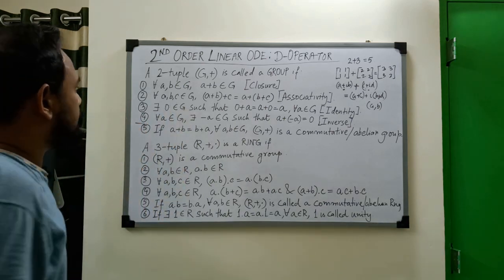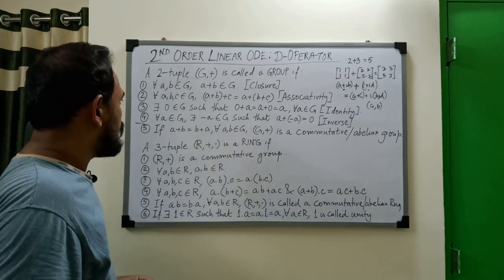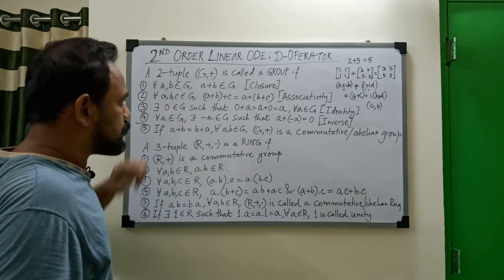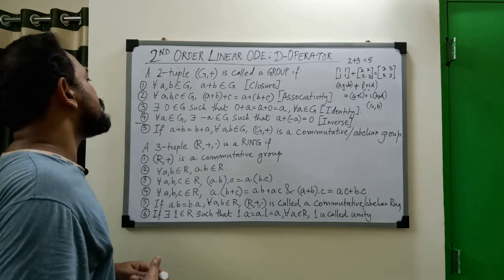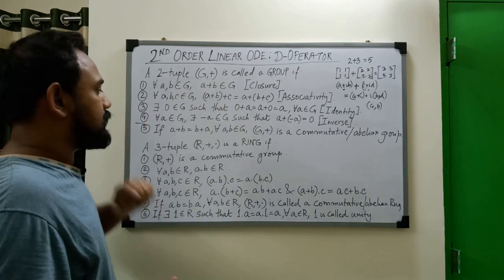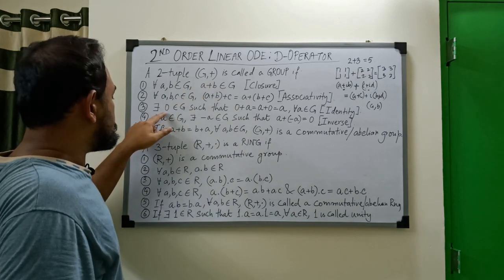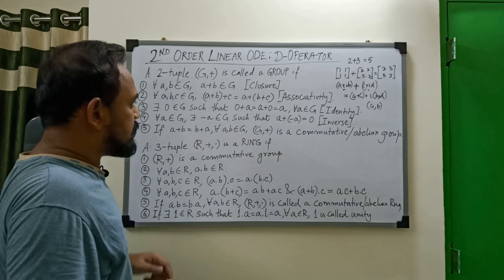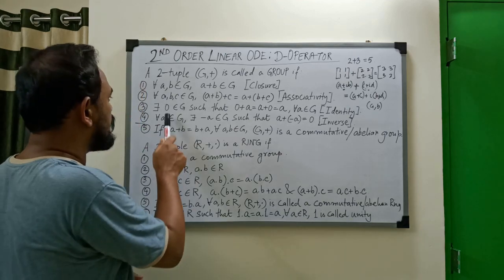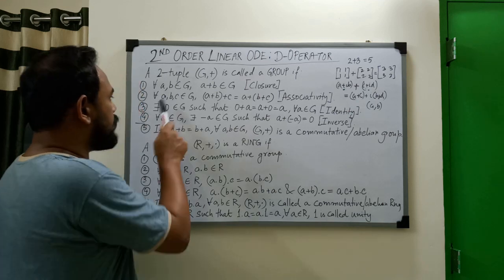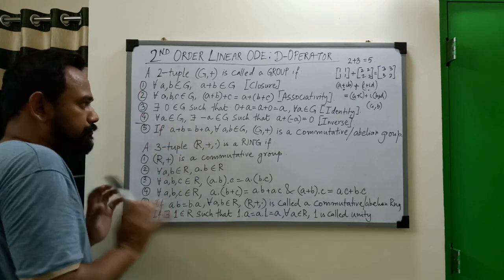There must be an element 0, which I will call the identity element, or more specifically, the additive identity, because we are using a plus sign here. So, what is the additive identity? It means that if you have an element, forget how it looks like. It looks like a 0, but forget how it looks.